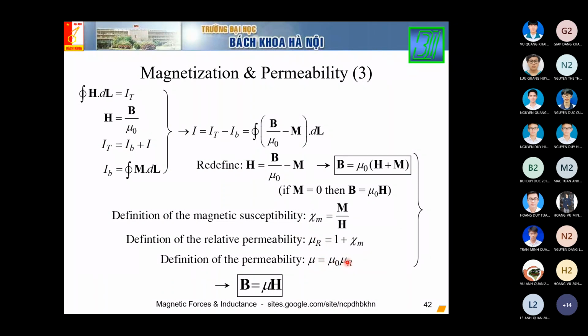In this one, mu r is the relative permeability. So from now on, instead of writing B is equal to mu0 H, we can write something like this.